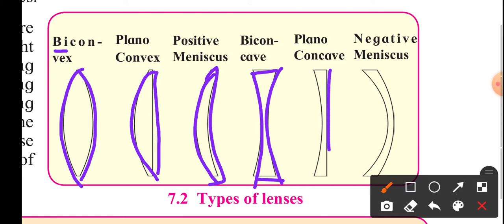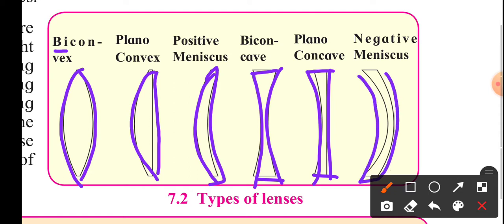Then we have plano concave, where one side is plane and one side is concave, and then a negative meniscus. These different kinds of lenses can be used at different places according to the need and according to the image formation we require.